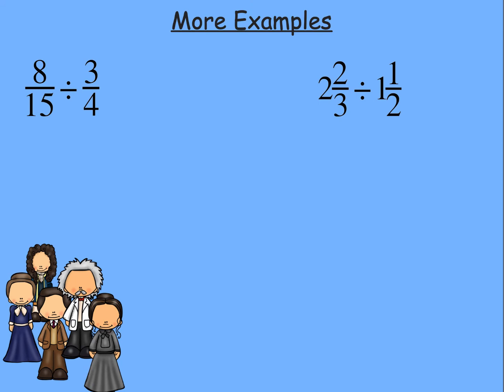Okay, let's continue practicing. So on this problem, we have 8/15 divided by 3/4. So following those steps, I keep, change, flip. I keep the first term the same, 8 over 15. I change division to multiplication, and I flip the divisor, 3/4, to 4/3.